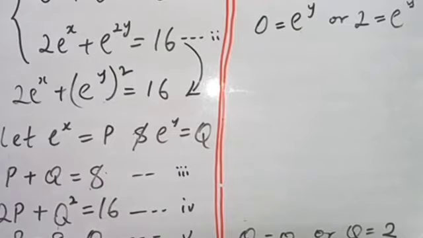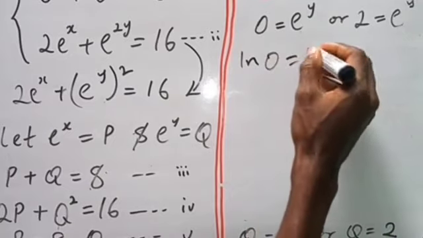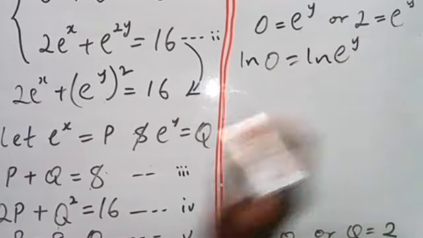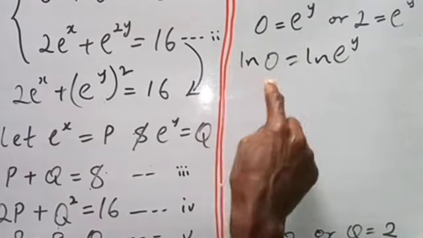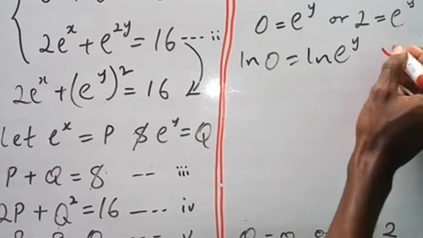Now the next thing is to introduce natural log to both sides of these two equations. For this one, we have ln 0 equals ln e raised to power y. But ln 0 is indeterminate, so this doesn't have any solution.